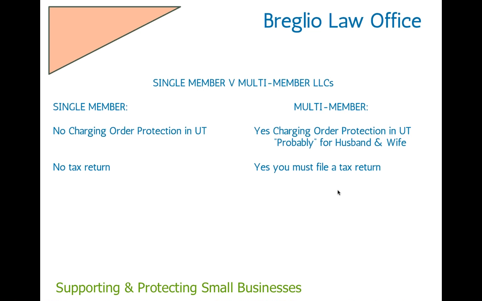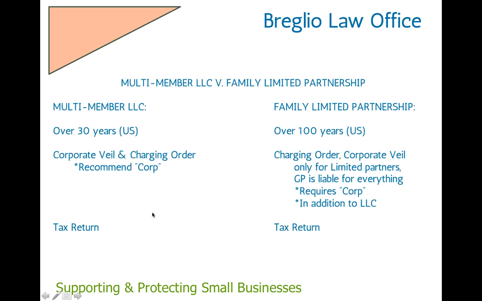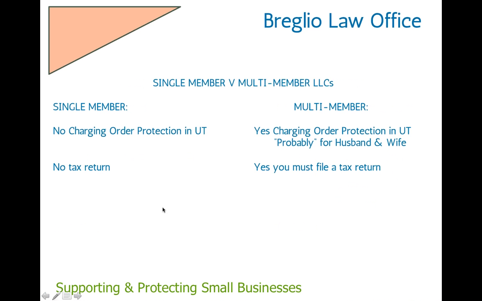In those cases, the facts were very, very different than most of what your situations would be. They were committing fraud and some other things. So I'm not sure the charging order protection would have worked anyways. But for right now, our best guess is yes, a husband and wife will be considered partners and will get the charging order protection, even though we have no case law to support that.